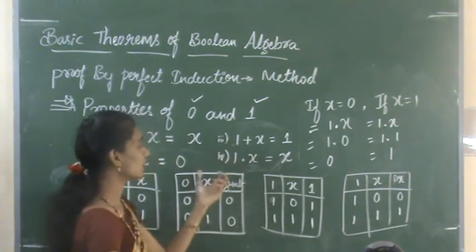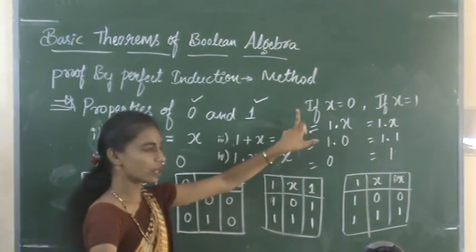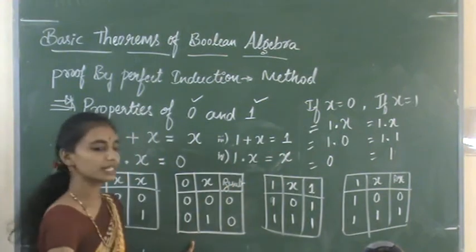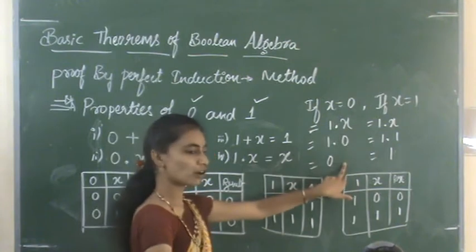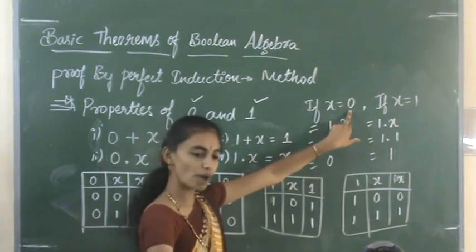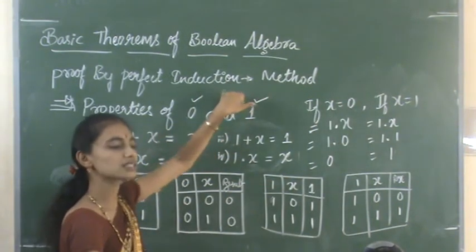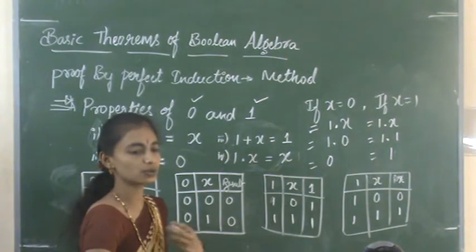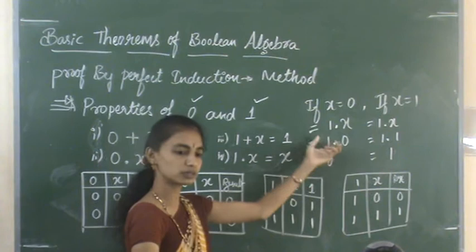So how is this proved? In two ways. One is the algebraical method, another is using a truth table. In the algebraical method we substitute the possible values. I told you at the beginning, we are using the induction method, so we provide the possible values to that equation or theorem.